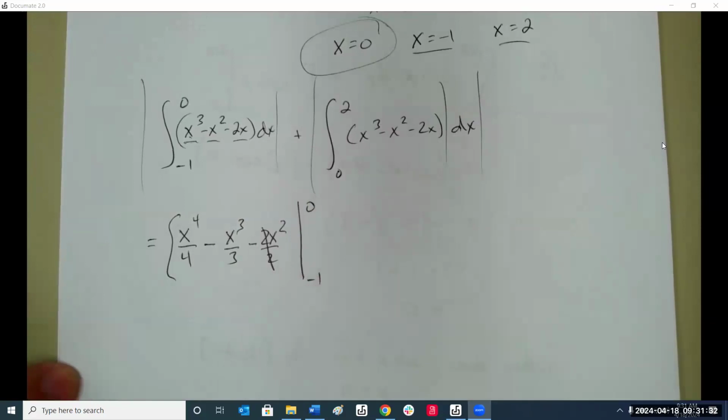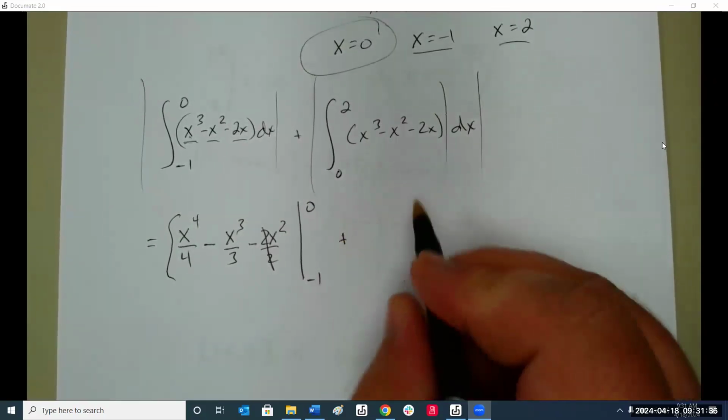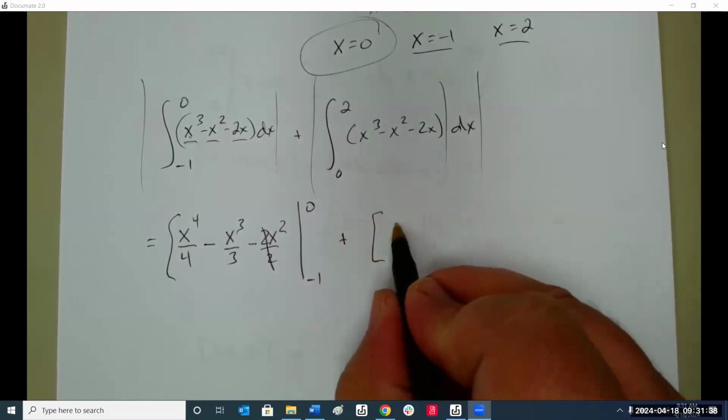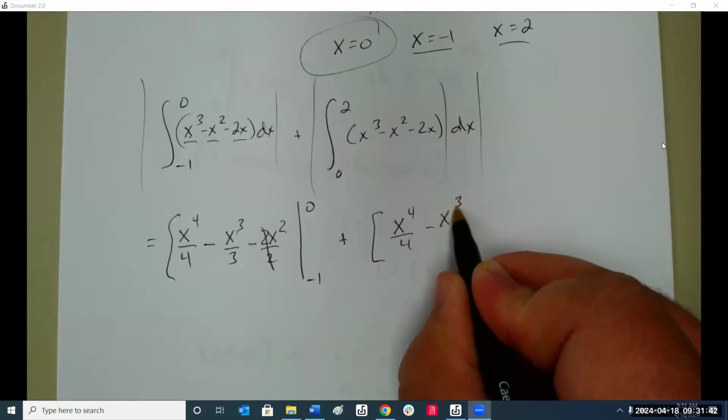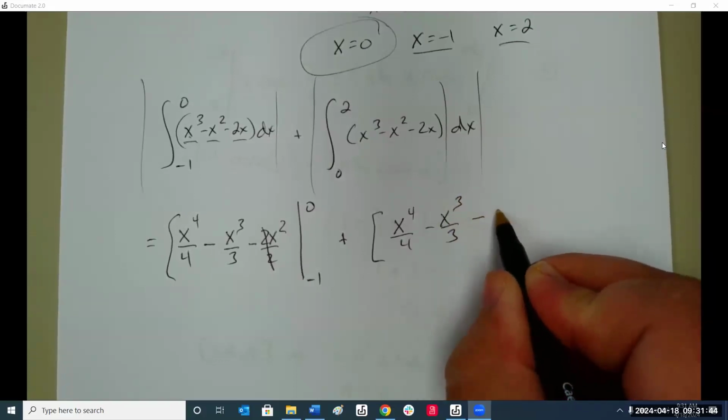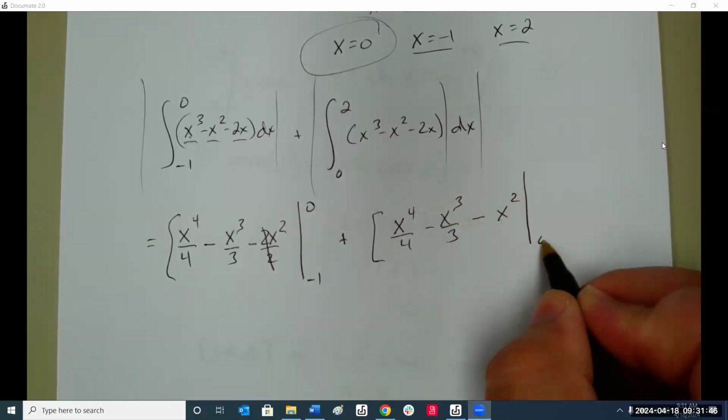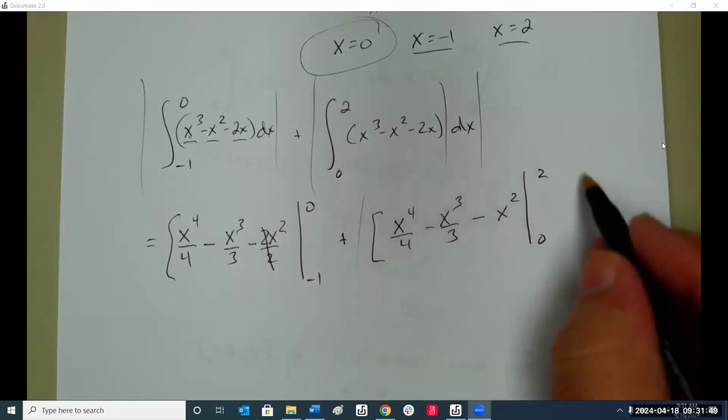So we're going from -1 to 0. We'll do the same thing for the second one: x to the 4th over 4, x cubed over 3 minus x squared from 0 to 2. Take the absolute value of that too.